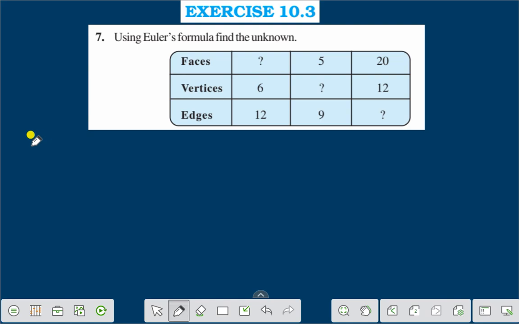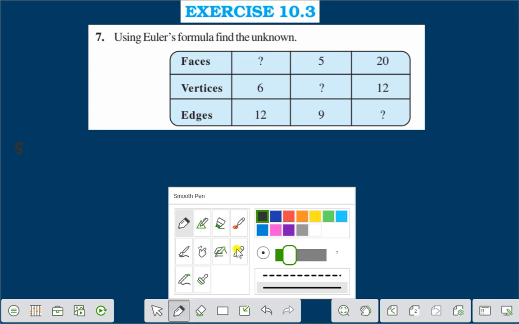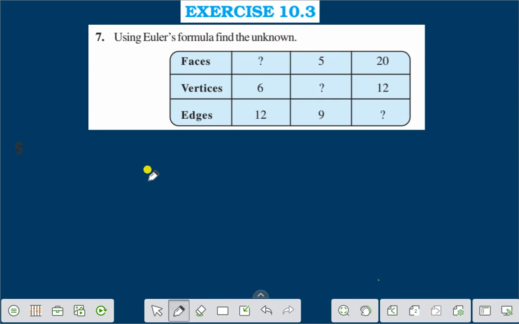Right? Here we have, let us solve this one. Number 1 here you see is using Euler's formula.